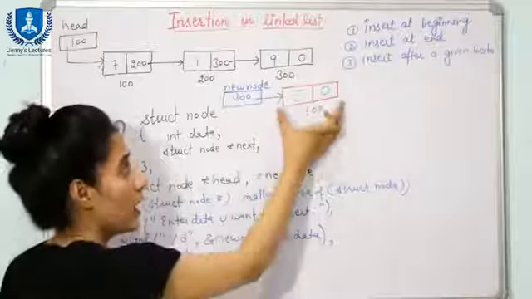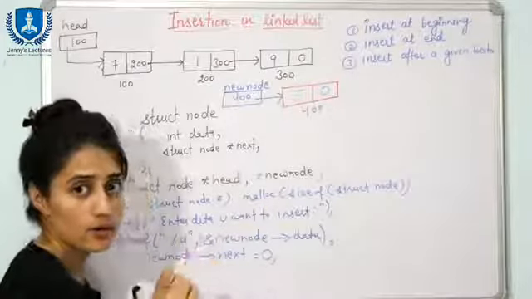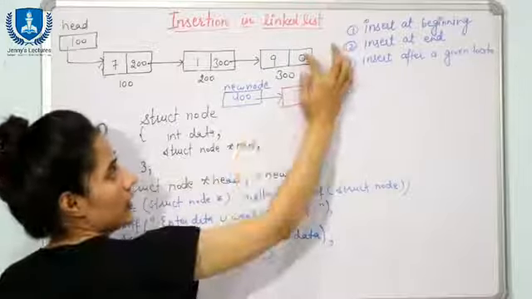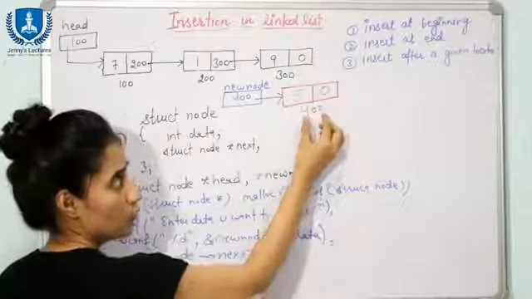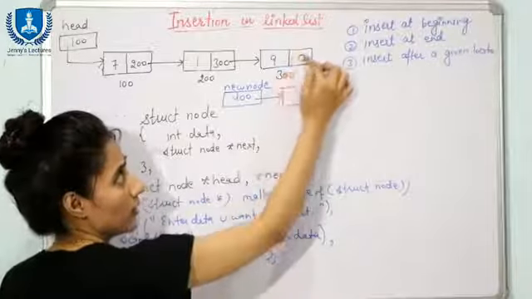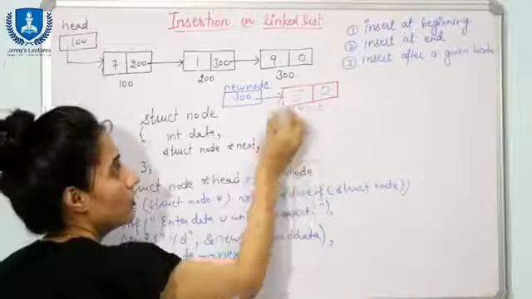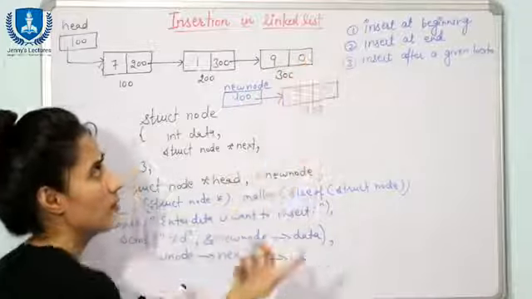Now second step is, we have to insert this node here, but we cannot directly insert this node here. Why so? Because see how we are going to insert. See here in the address part of the last node, you have to store this 400 here. After that it is going to point here. Now this 400, that is new node, but how we can insert this 400 here?